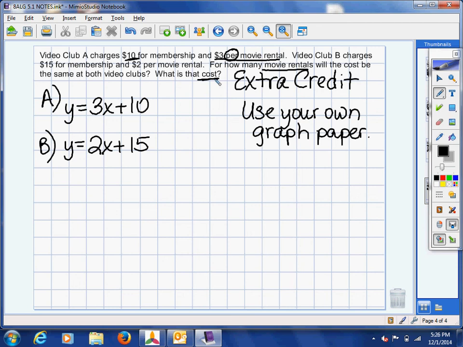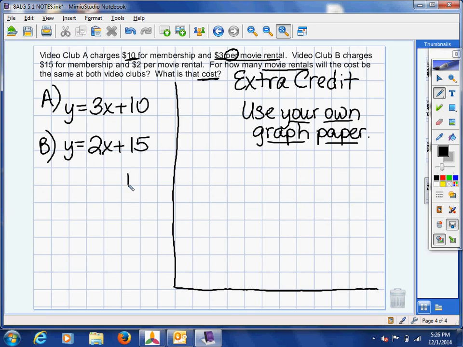Okay? So when you draw this on your own graph paper, I want you to start at the bottom and go by ones. It'll be quadrant 1. Start as close to the bottom as you can to enable you to have enough space.